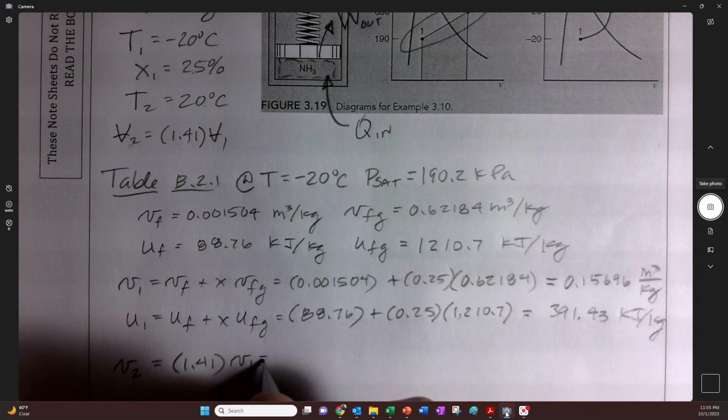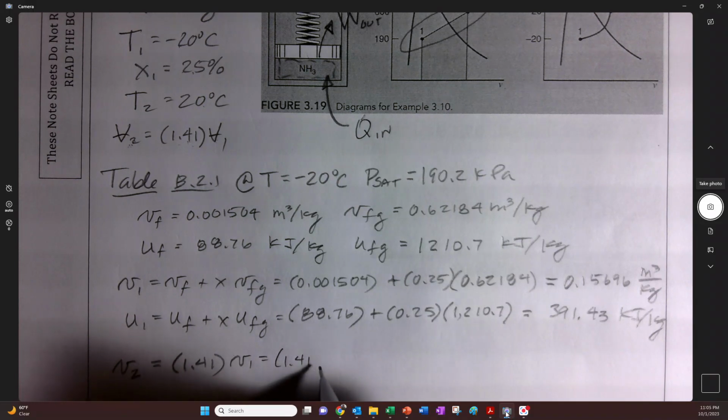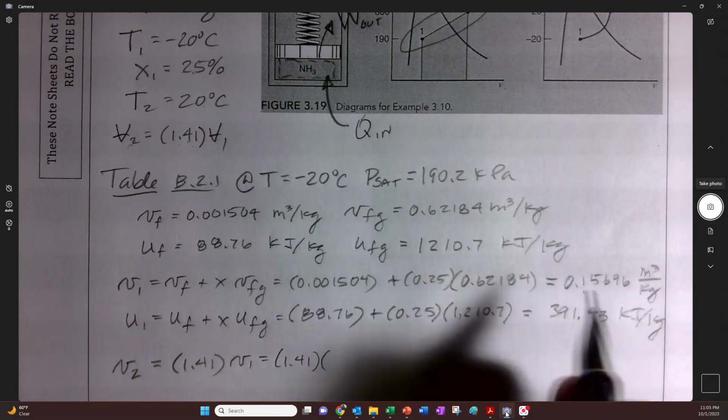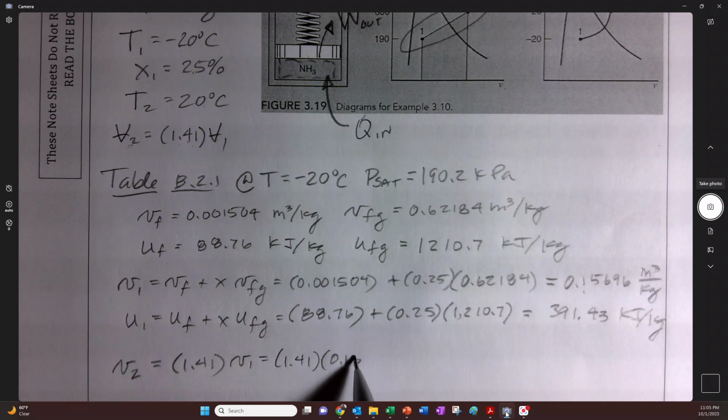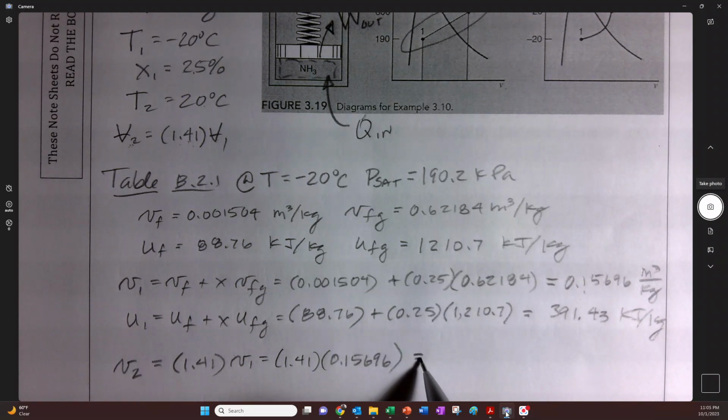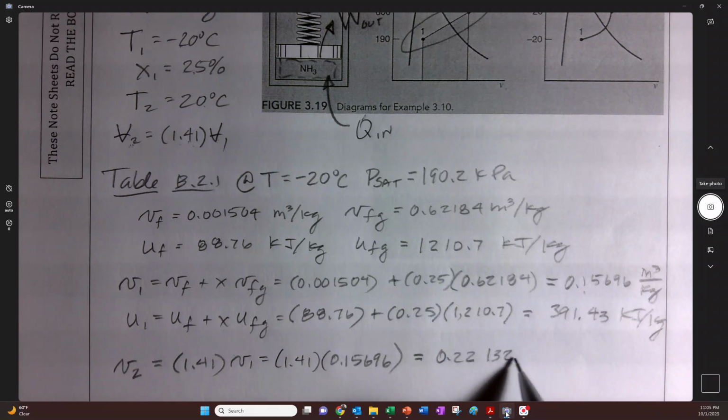I guess I keep writing that 1.41 times 0.15696. So you get 0.22132 cubic meters per kilogram.